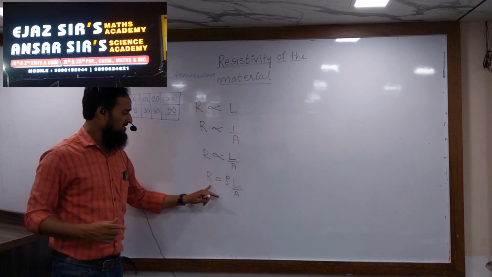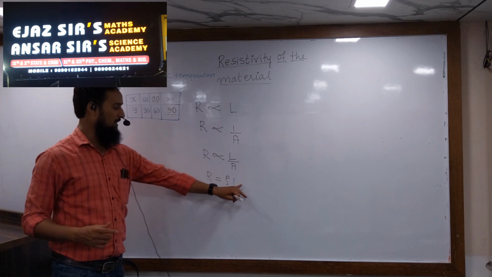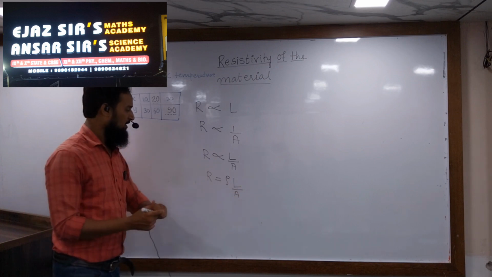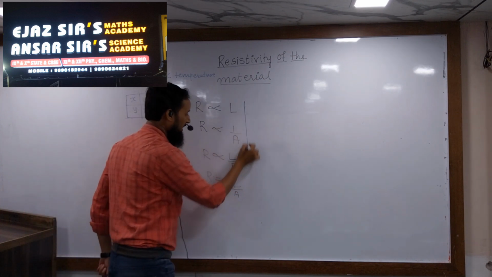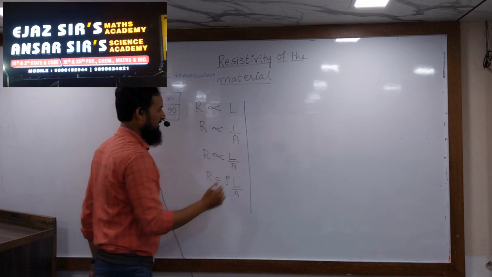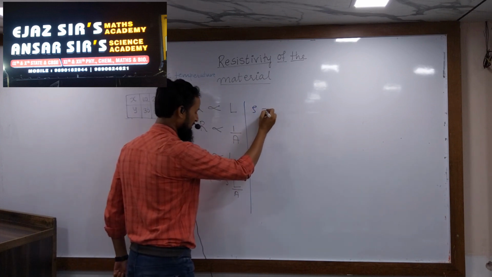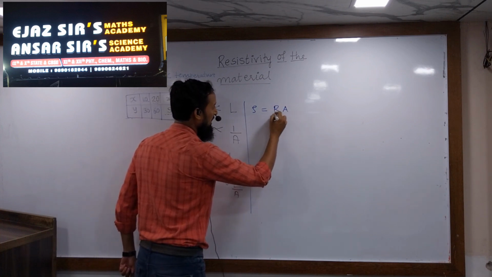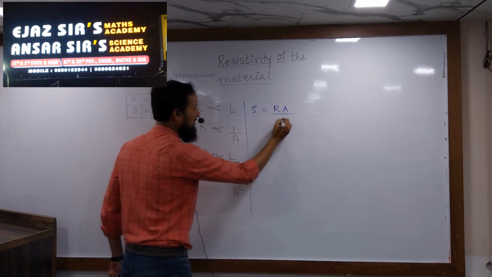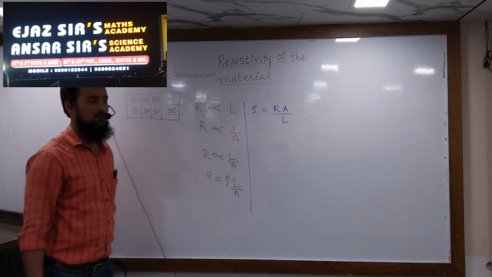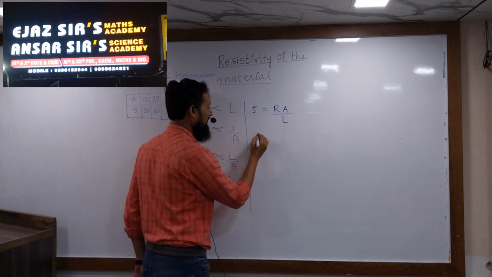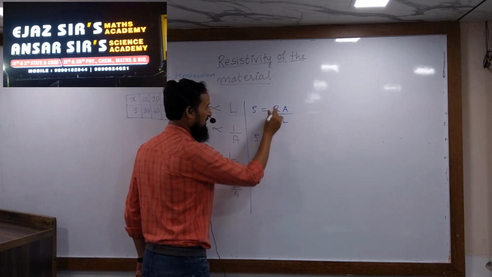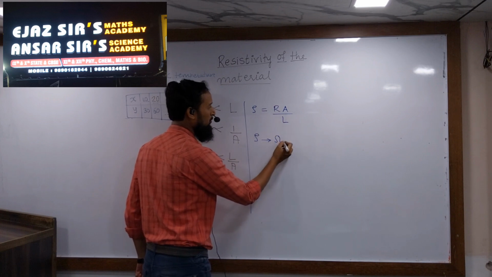Now see, resistance is equal to resistivity multiplied by length upon area of cross section. So can I rearrange it for resistivity? Rho is equal to R into A upon L. Is it correct? Yes. What should be the SI unit of resistivity? Resistance has a unit ohm.